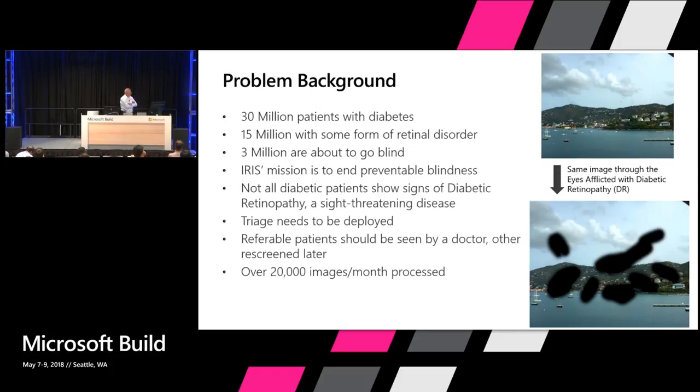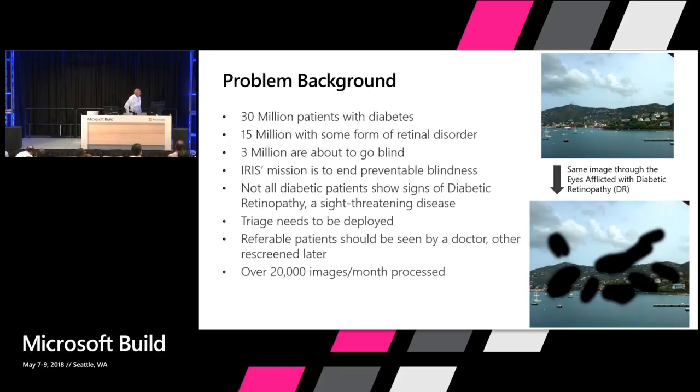By that I mean blindness due to a disease called DR, diabetic retinopathy, which is a manifestation of diabetes in the back of the eye, on the retina, and the eventuality is that someone having this disease will go blind.